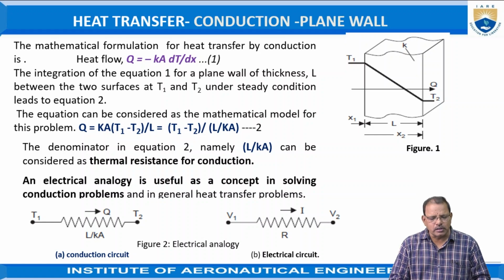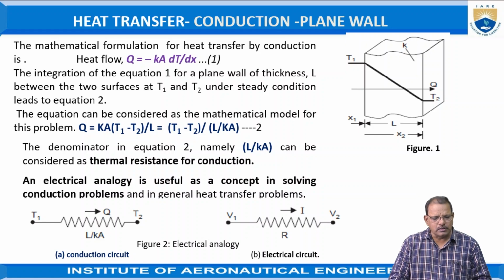That is the amount of energy flowing by the conduction process. Particularly, it happens in solids only. It depends upon the area of the cross section, the thermal conductivity of the material, and the temperature gradient, that is dT by dx.